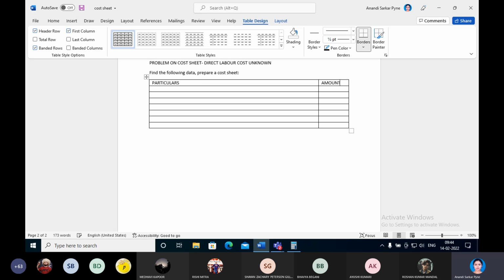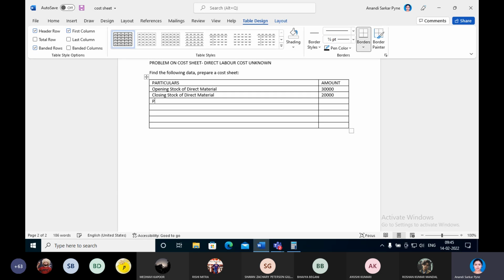Particulars and amount. Opening stock of direct material, $30,000. Closing stock of direct material, $20,000.